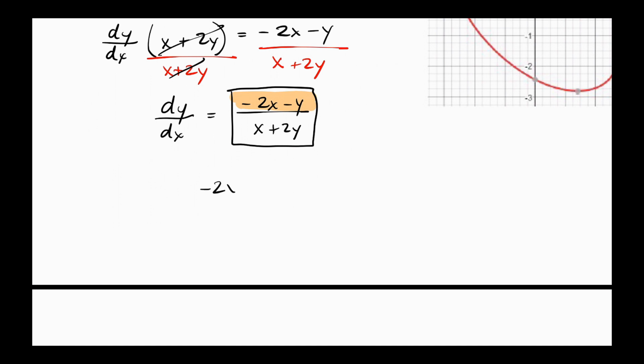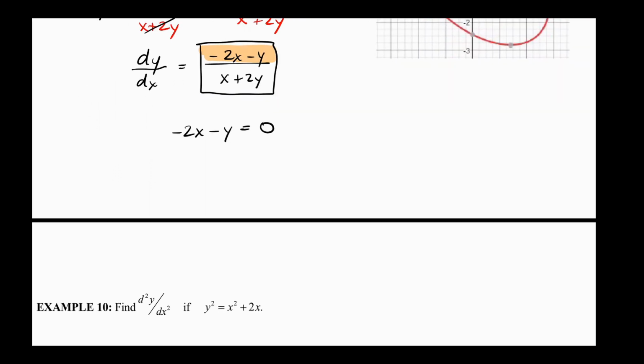So negative 2x minus y equals 0. What I could do is add y to both sides.